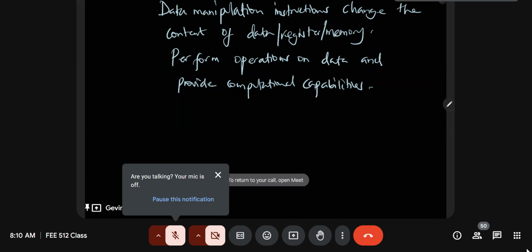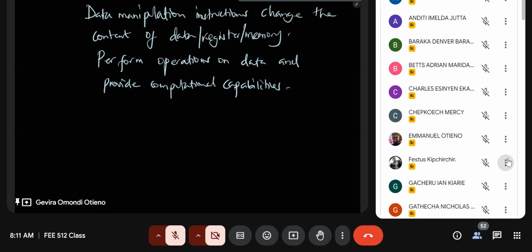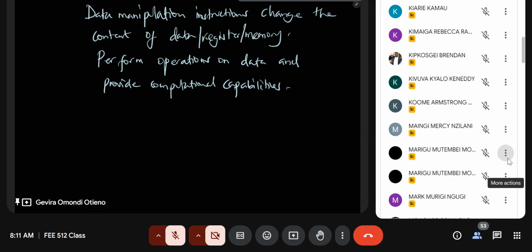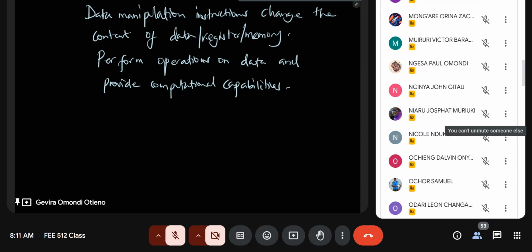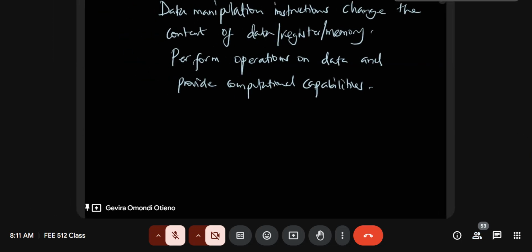So now, when we talk about data manipulation, we want to manipulate or even store data that is either comprising a single word or a group of words, and we want to manipulate this data or even move them from one memory of the PLC to another memory of the PLC.